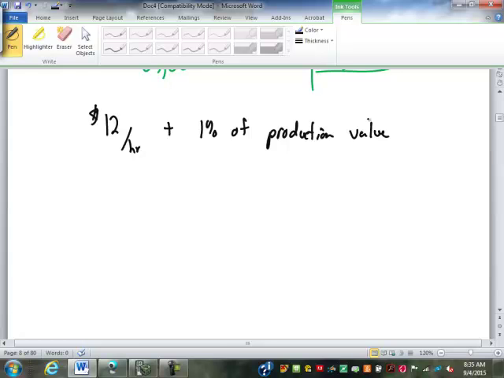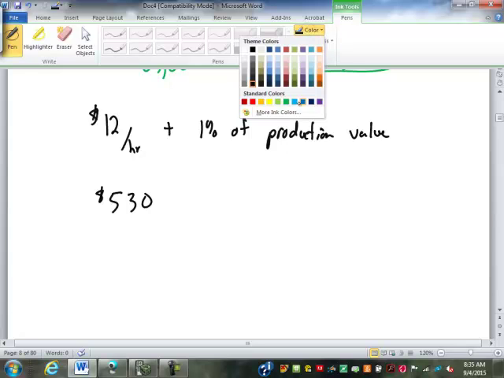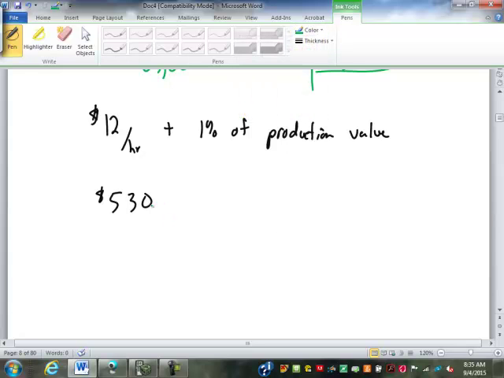So let's say that during that hour, you produced $530 worth of production value. Your pay for that hour is going to be that $530 times 0.01, your 1% as a rate, which is $5.30, plus your $12.